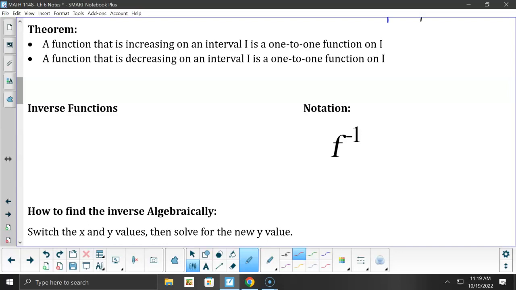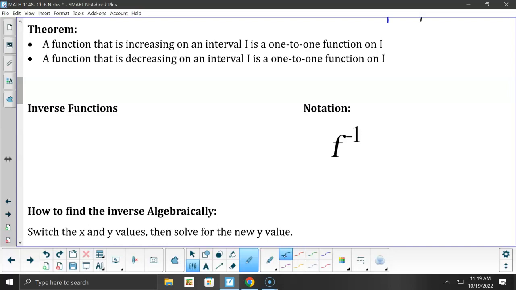All right, we're ready to go through and talk theorems now that we've written them down? So that first theorem says, and the second theorem essentially says the same thing, if you're looking on an interval for a function, if it's increasing or decreasing on that interval, then it will be one-to-one on that interval.